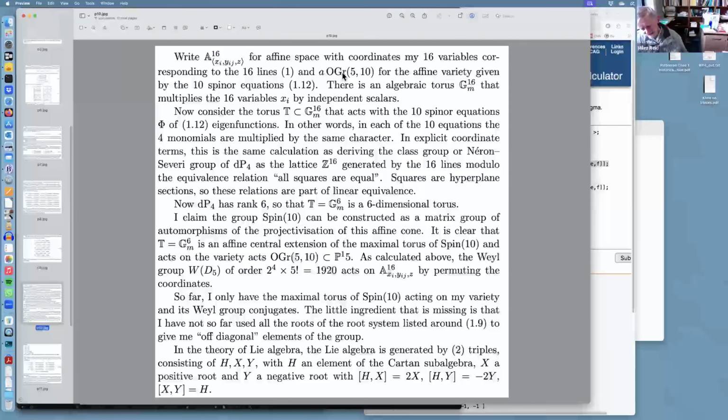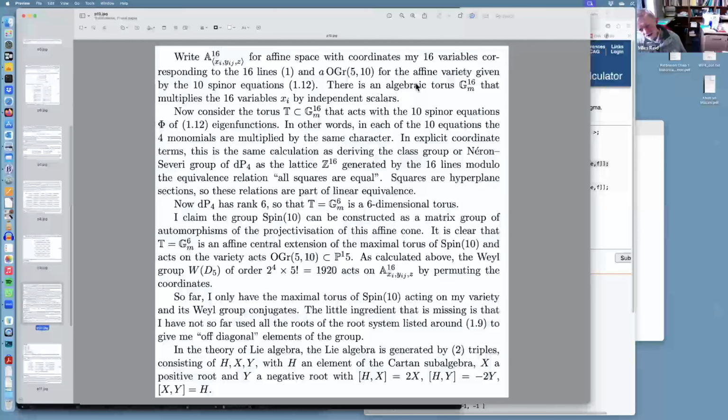This notation comes from my paper with Crosty, which explains what these are in much more detail. Yes? So I can ask for an algebraic torus that multiplies them. So at the end, I'm going to get this thing here. Can you see when I move the pointer?